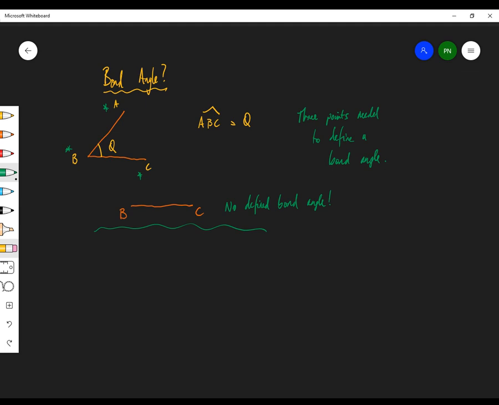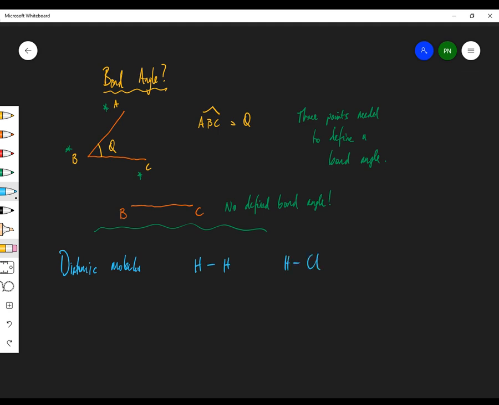So, if you've only got 2 points, you can't define a bond angle, can you? If you've only got 2 points on a line, there's no angle defined. It's the same with diatomic molecules, like H2 and HCl.